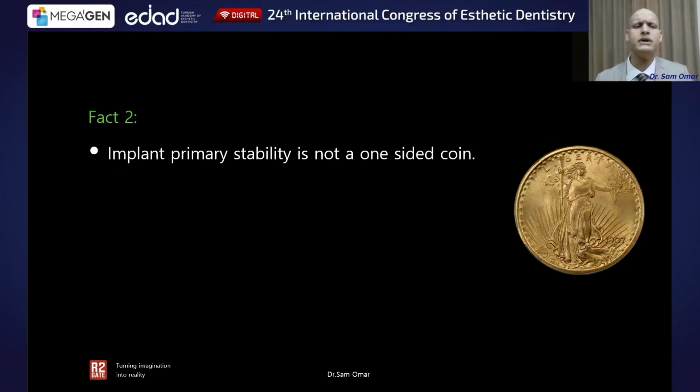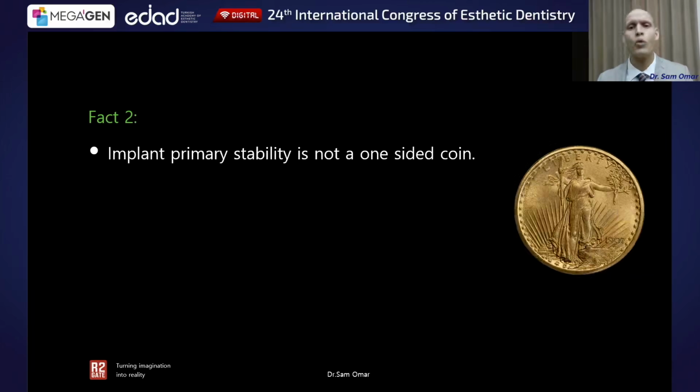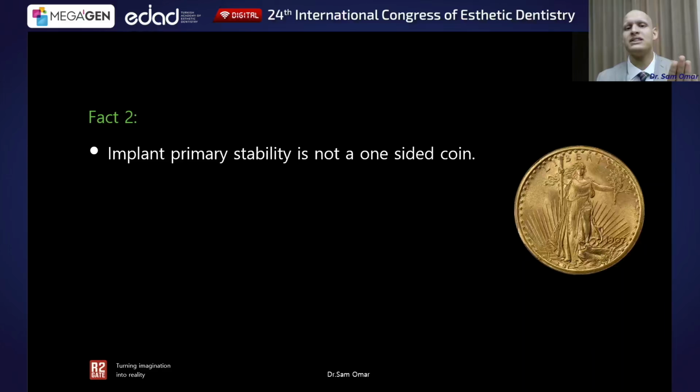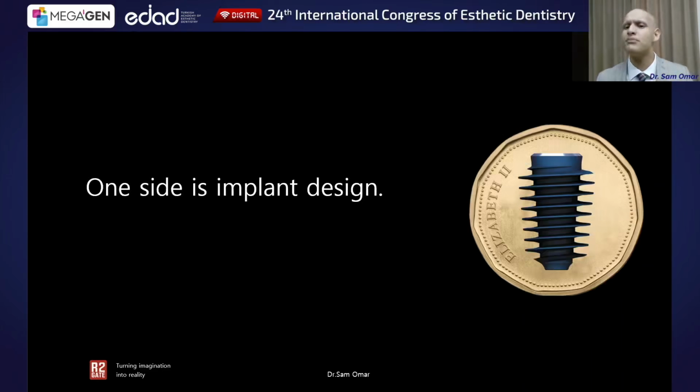Fact number two is implant's primary stability is not a one-sided coin. What do I mean by this? It means for me to get good primary stability, I have to look at two things, not only one thing. So the first thing is implant design. So we always advise you to use a good implant design. But as we said, that's not the only thing. We need to consider two things.